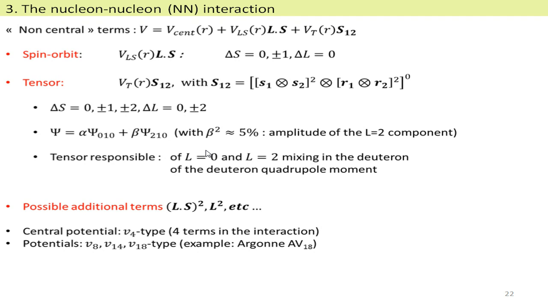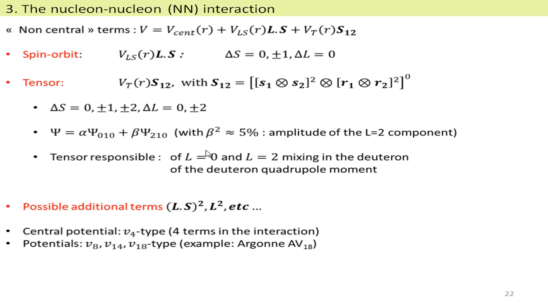It's called the D component, which is about 5%. So the Minnesota interaction, for example, neglects this tensor component. But if you want to have a very accurate calculation, then you need to introduce a tensor operator. So this tensor operator is responsible for the mixing of L equals 0 and 2 in the deuteron.